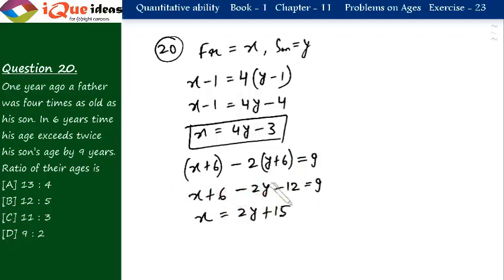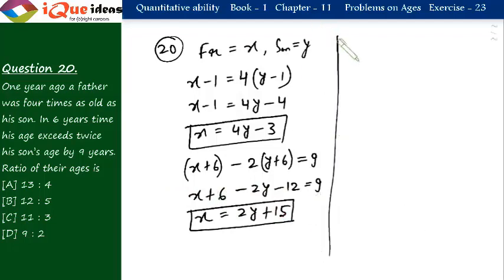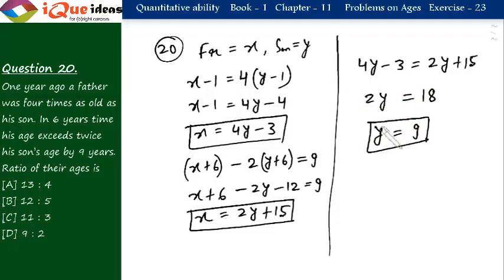Right? Send everything to the other side. Now equating these two expressions, we get 4y minus 3 equal to 2y plus 15. Bring 2y on the left hand side, so it is 4y minus 2y is 2y. 3 goes to the other side, so it is added, 18. So y is equal to 9. Put value of y in any one equation, let's say second one. So x will be equal to 2 into 9 plus 15.